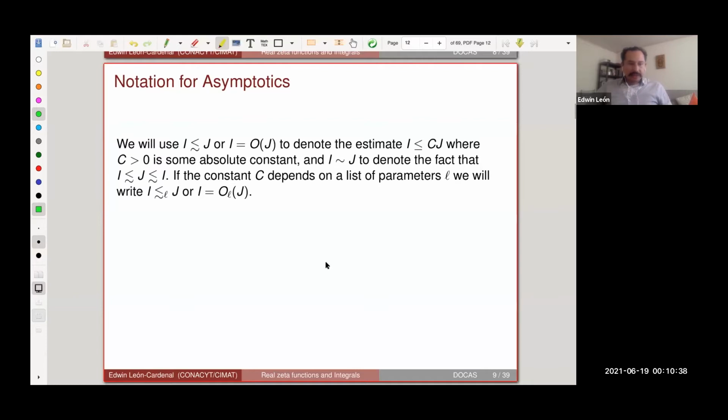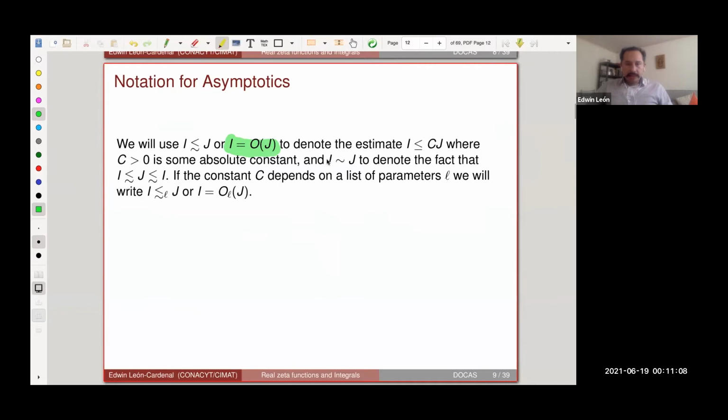So in asymptotic analysis, what we have is that I is bounded by G, or we will also use this notation, I is O of G, to denote an estimate of this form: I is less or equal to a constant times the function G, okay?